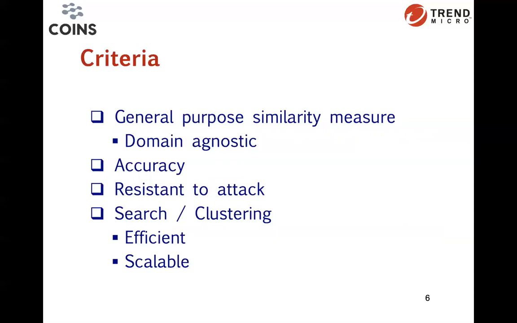We want them to be accurate so that files that are considered similar by security experts are put together, or have a low distance, and that files that are considered very different, perhaps created by entirely different processes, have a high distance or low similarity. Ideally, these techniques should be resistant to attack.